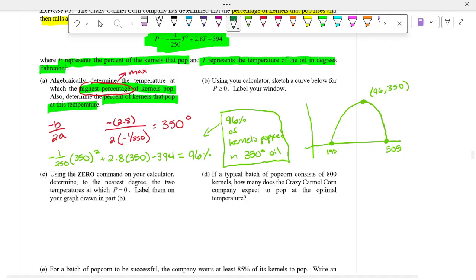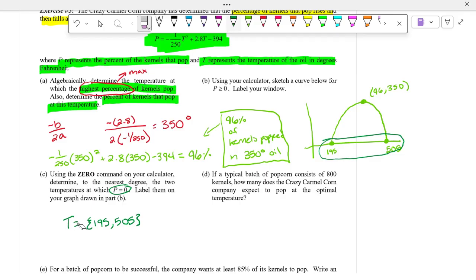We already determined our two temperatures, and they want it to the nearest degree. We want to know when our two temperatures are at P equals 0, so no popping at all. So T would have to be 195 and 505. That's actually an approximation because we had to round, so make sure if you do an approximation to write that squiggle equal sign.